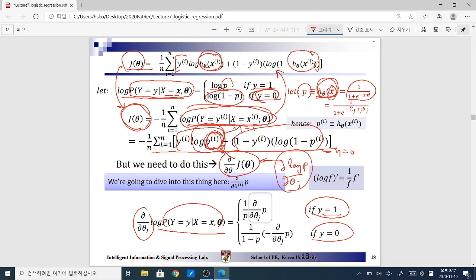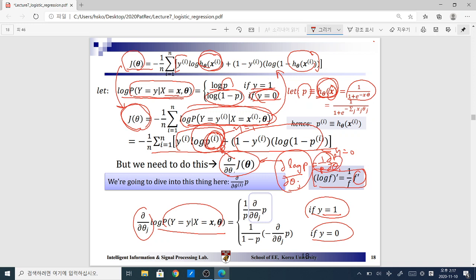This is going to be equal to 1 over p times dp d theta sub j, because of this relationship: the derivative of the log of f is 1 over f times the derivative of f itself.